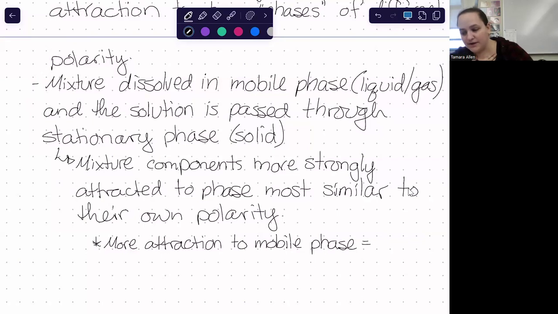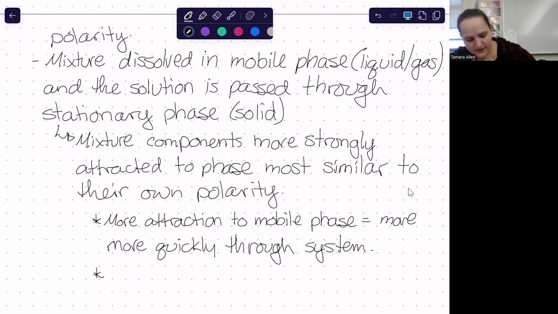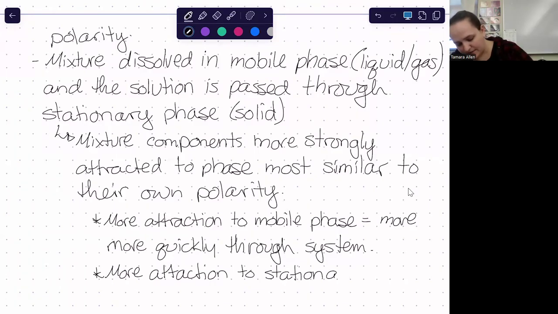So things that are more attracted to the mobile phase move more quickly through the stationary phase. And things that are more attracted to the stationary phase are sticking more to those stationary molecules, meaning they're not going to move as fast through the system.